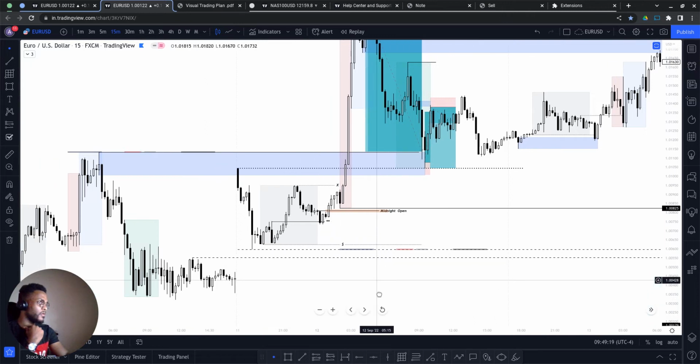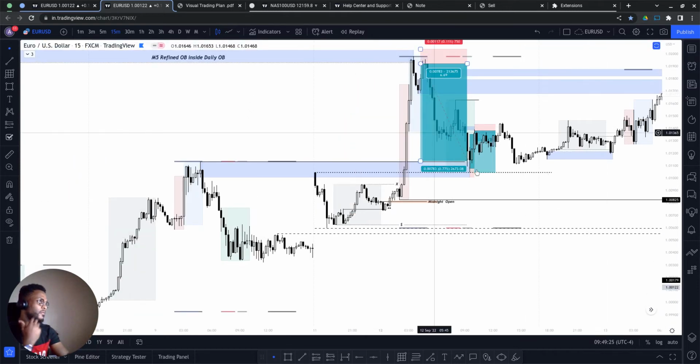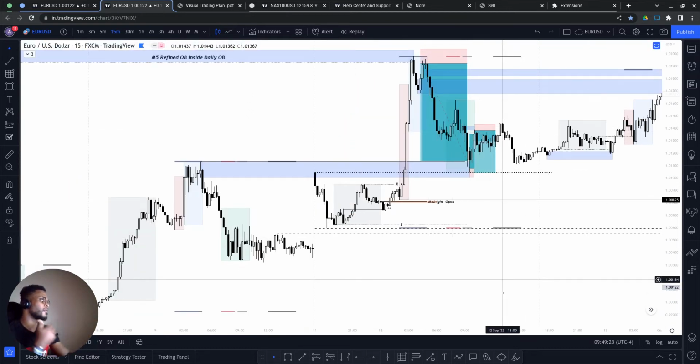We also opened with a gap, so I was expecting price to close this gap. That's why I was trying to sell. Price just opened, this is Frankfurt open, and it just went straight up. So I marked the daily order block, and I marked this refined zone.